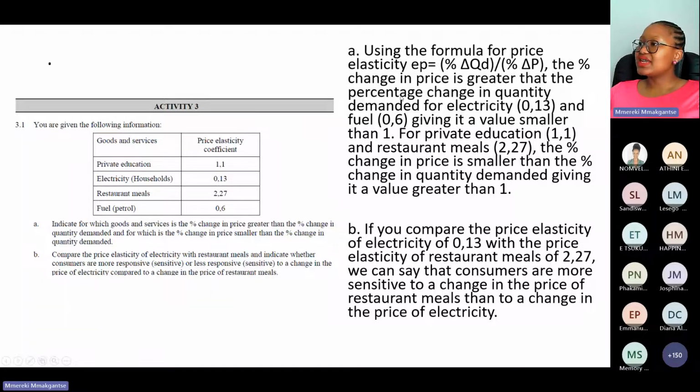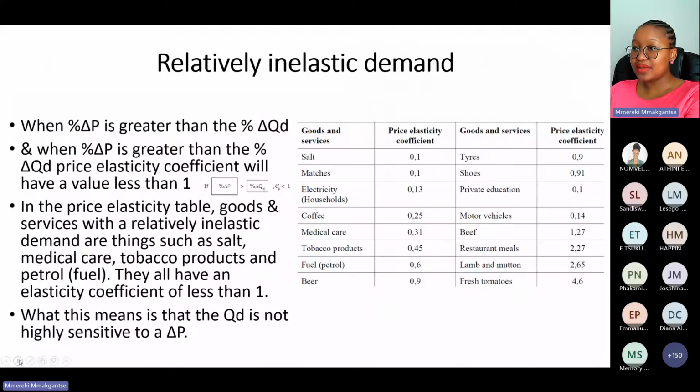The percentage change in price is greater than the percentage change in quantity demanded for electricity, here it is 1.3, and fuel, it is 0.6, giving a smaller value, less than 1. For private education and restaurant, the value is greater than 1. Please do number B at home.